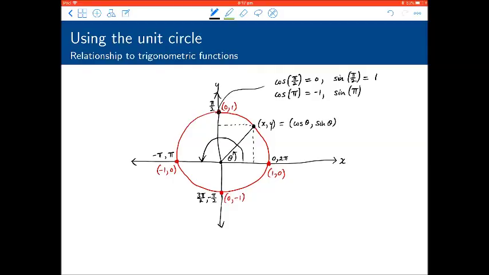Sine of pi is the y coordinate, which is equal to 0. So we can use this unit circle to tell us what the value of trigonometric functions cos and sine are at common fractions of pi.